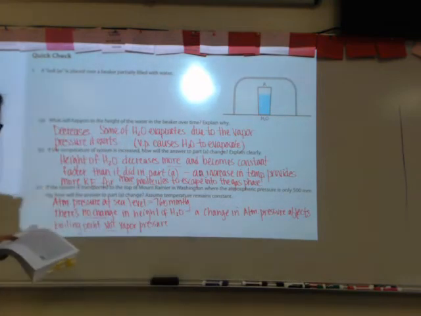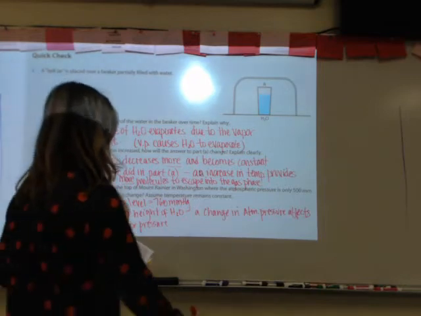Vapor pressure depends on the temperature and the structure of molecules.